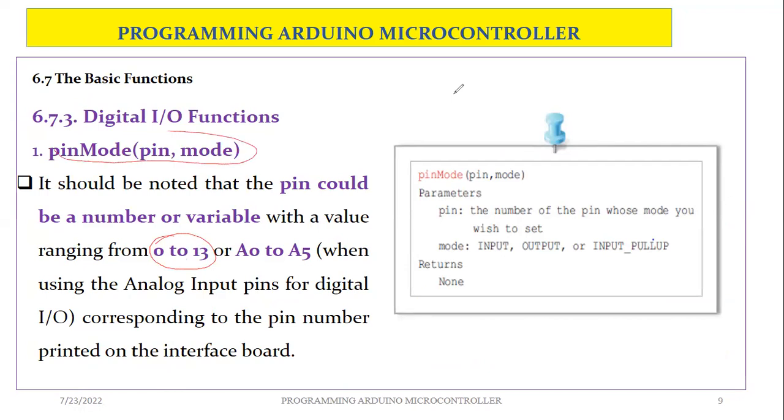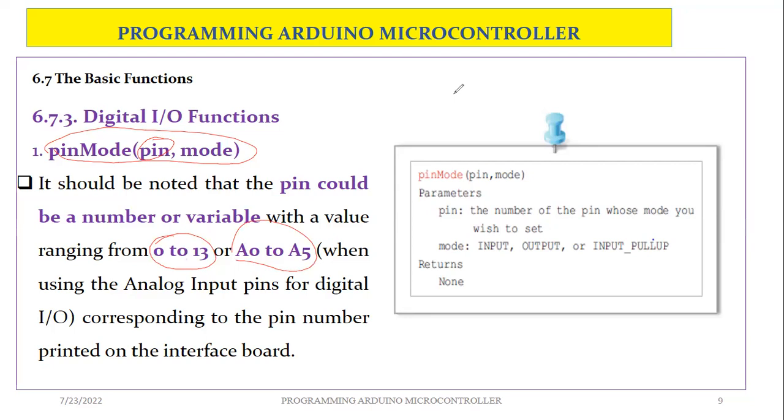So within the syntax of using the pin mode function, for this pin here, you can use a number like 0 to 13 in the case of Arduino Uno, or you can use A0 to A5 in case you want to deploy analog input pins for digital I/O. Remember A0 to A5 for Arduino Uno microcontroller. Or we can also work with a variable, and I think I'm going to demonstrate that one shortly.